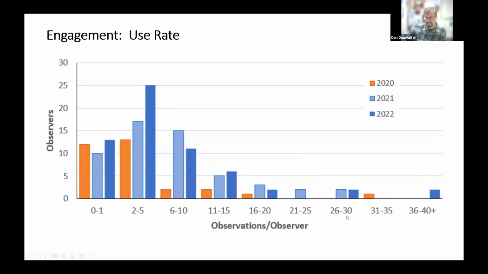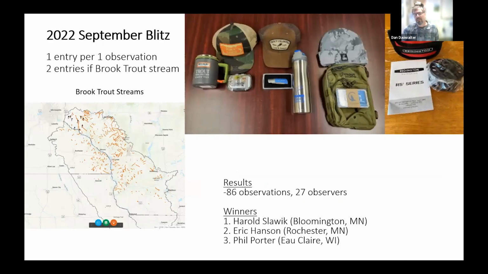The users that have between 25 and 40 observations are folks who have been in these monitoring programs a long time. But a bulk of the mass is between 1 and 10 observations per user, at least to date. But that's changing as those monitoring programs by chapter continue over time.